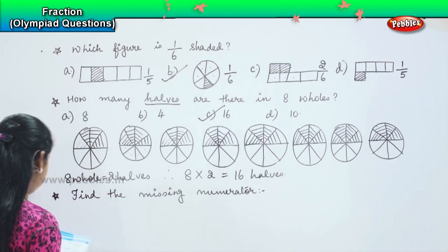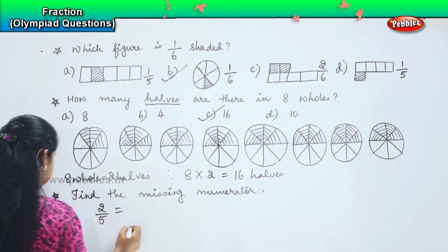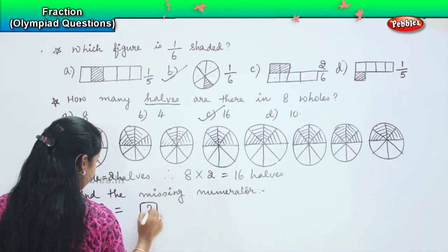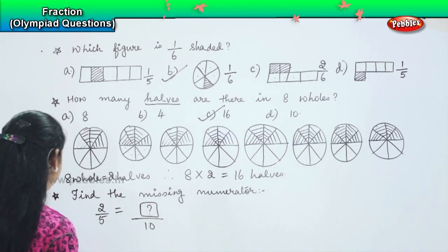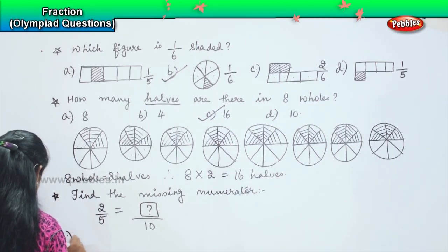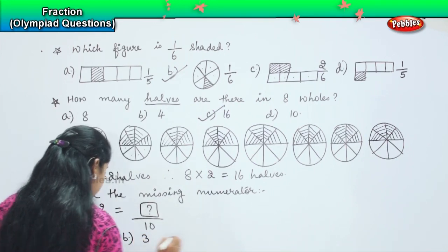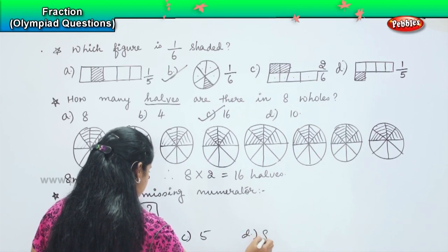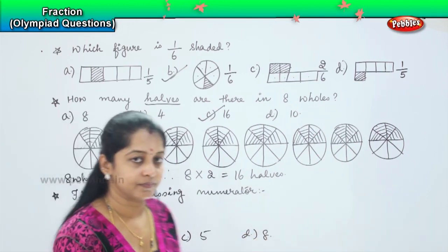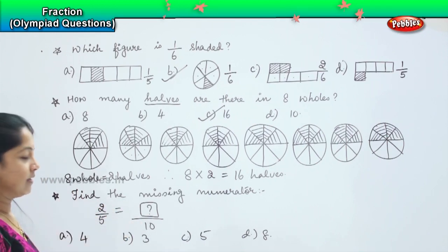Your question is 2 by 5 is equal to something by 10. Okay. And your options are A 4, B 3, C 5 and D 8. So 2 by 5 is equal to something by 10.